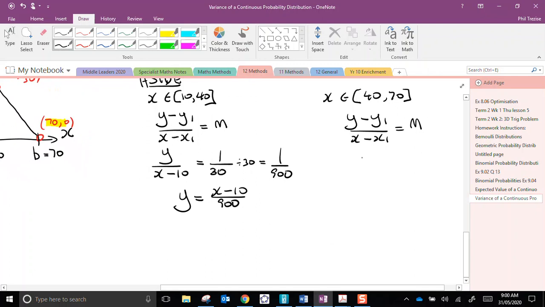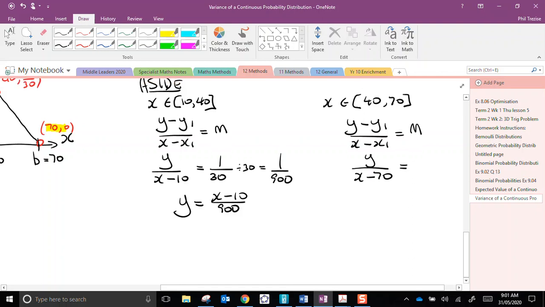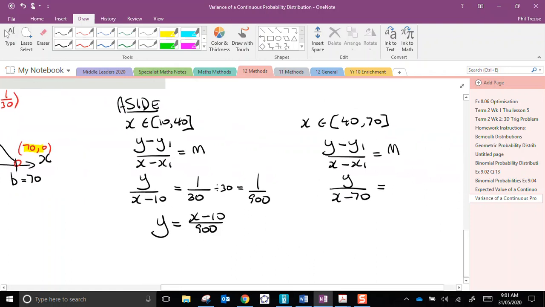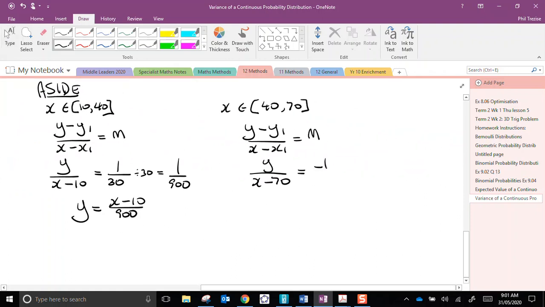So it's y minus nothing, or y, over x minus 70. What's my gradient this time? Well, moving from left to right, this line drops by 1 over 30. So that's negative 1 over 30.